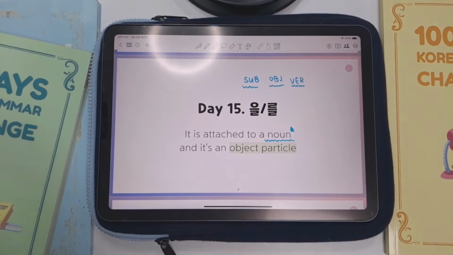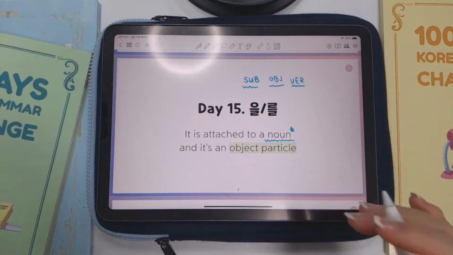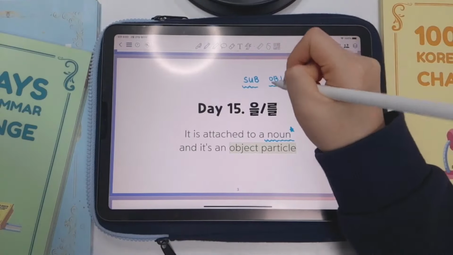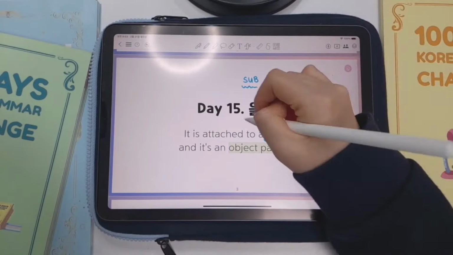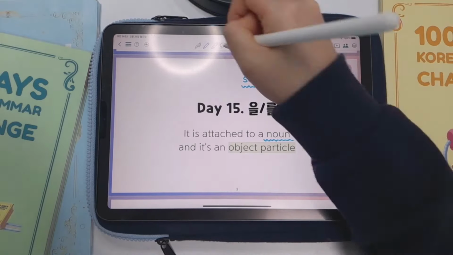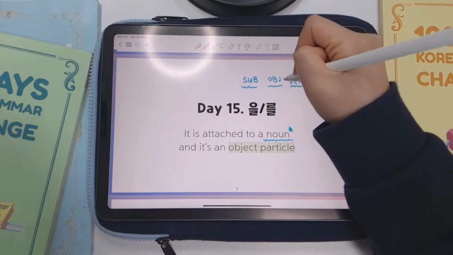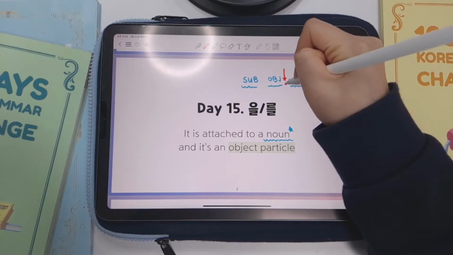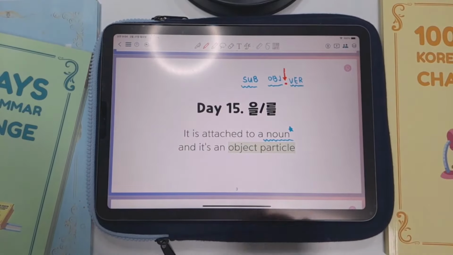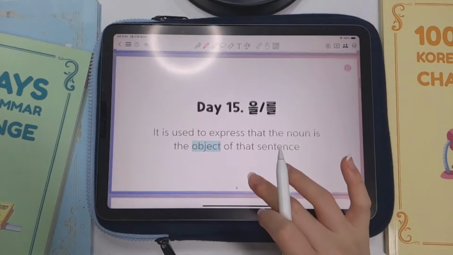Subject, object, and verb. 을 and 를 have to attach to a noun, to this place, right? But in daily conversations, you can just skip this object particle.